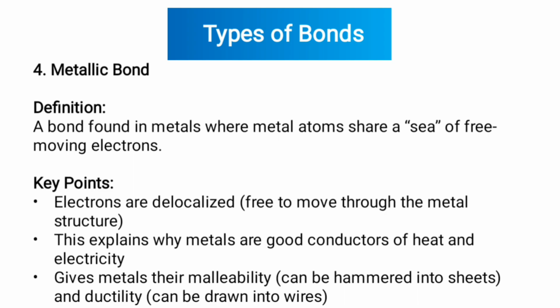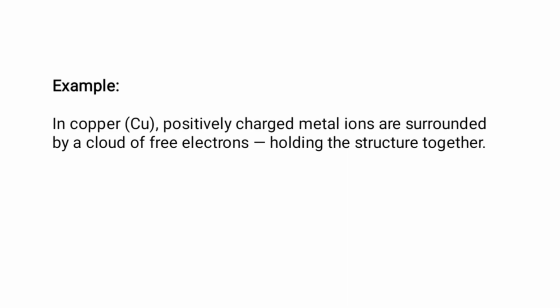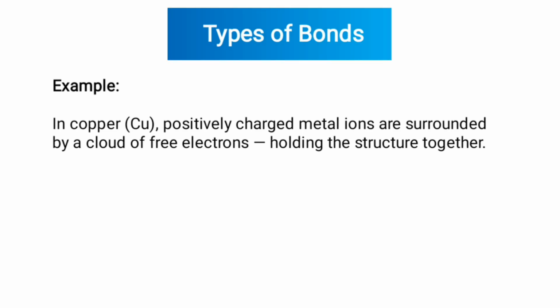It gives metals their malleability, meaning they can be hammered into sheets, and ductility, meaning they can be drawn into wires. Example: the metallic bond in copper, Cu. Positively charged metal ions are surrounded by a cloud of free electrons holding the structure together.